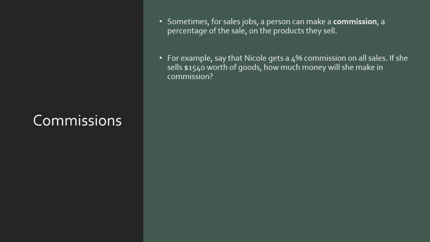If she sells $1,540 worth of goods, how much money is she going to make in commission? So all this means is that she takes that 1,540 and multiplies it by that 4%. And so that means that she makes $61.60 for selling the $1,540. It's kind of like a bonus for being a salesperson.